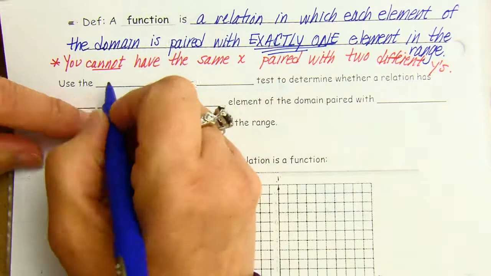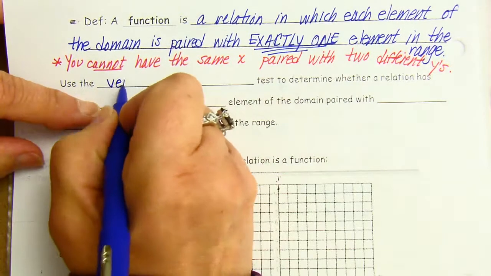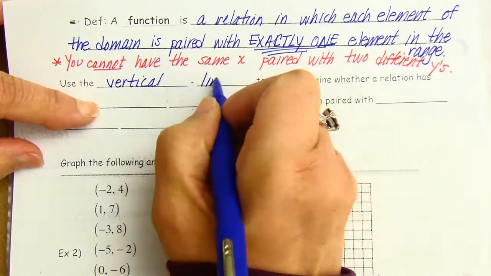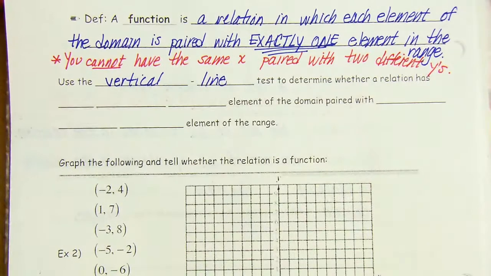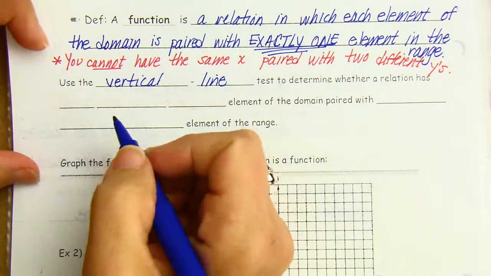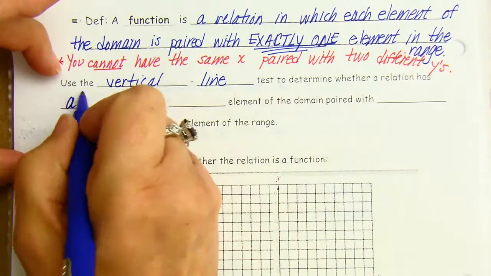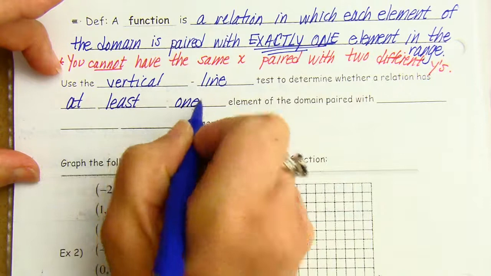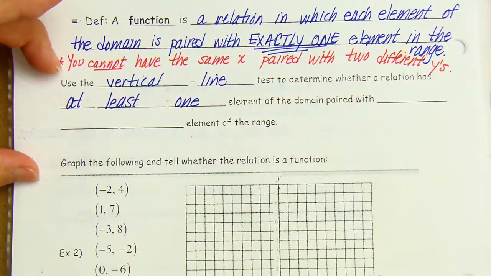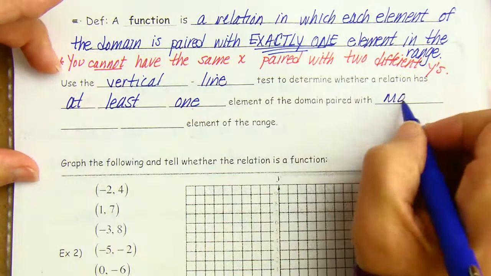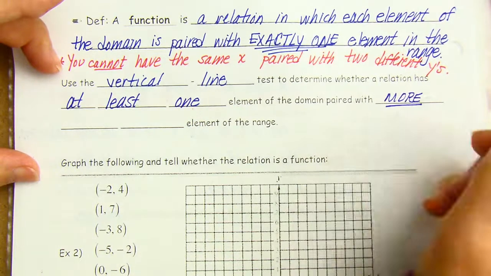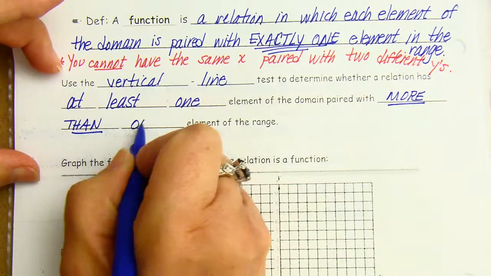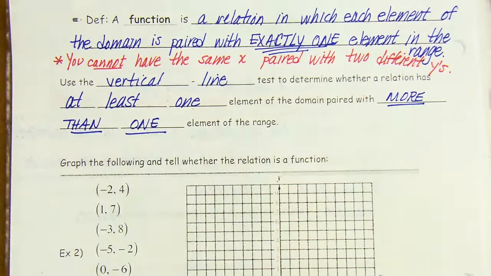If you have a graph, you can use the vertical line test to determine whether a relation has at least one element of the domain paired with more than one element of the range.